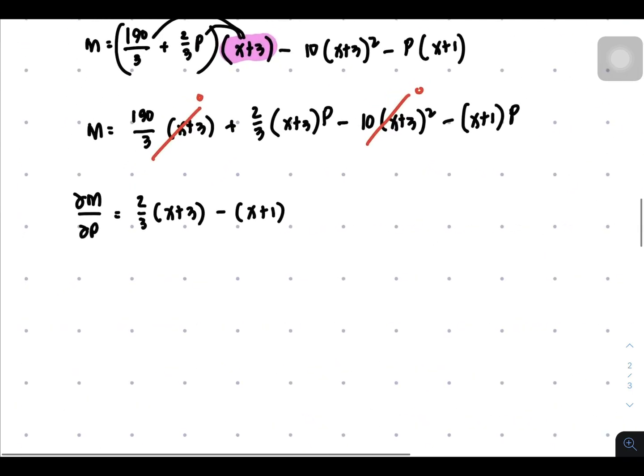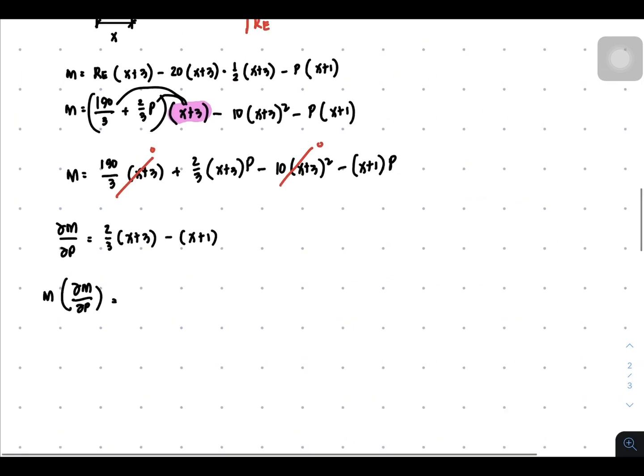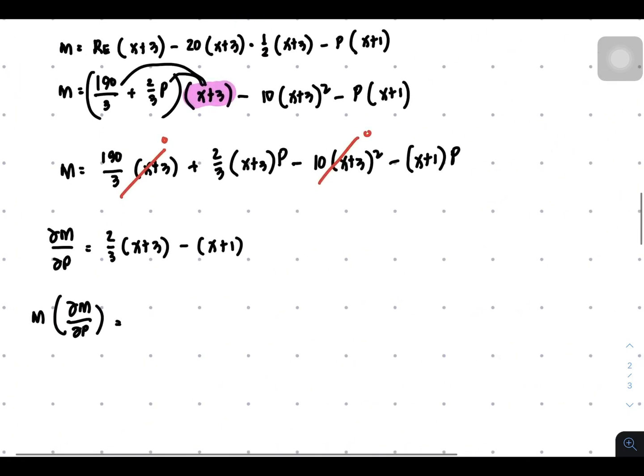Okay, so what we're going to do now is get the product of M times that partial derivative. So what is the M? So you copy. Even though it was set to 0 earlier, you have to copy that 190 over 3 times x plus 3.